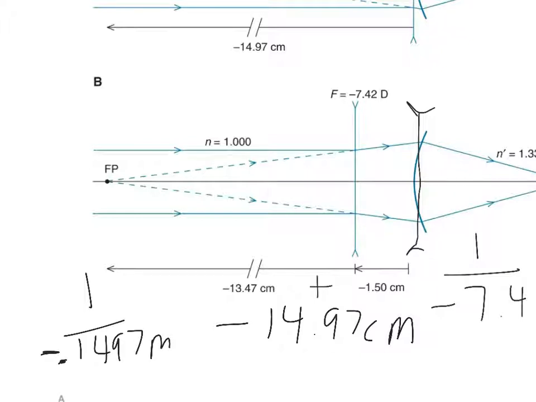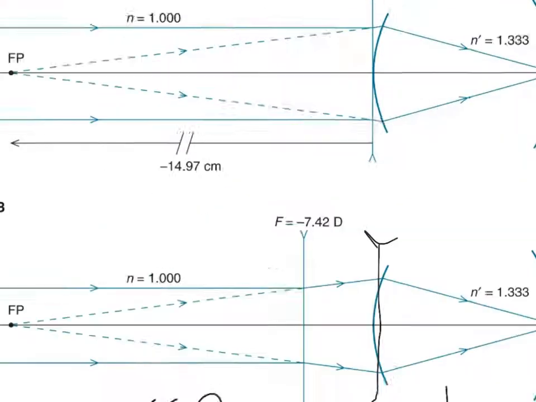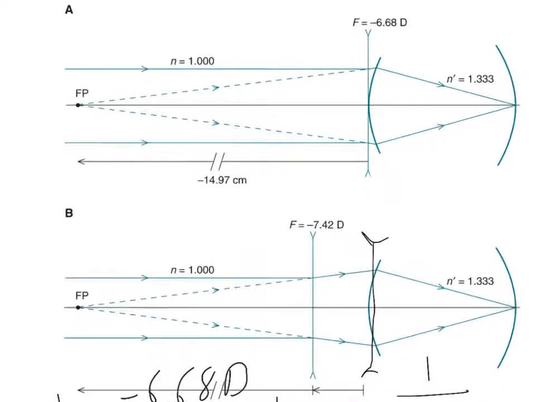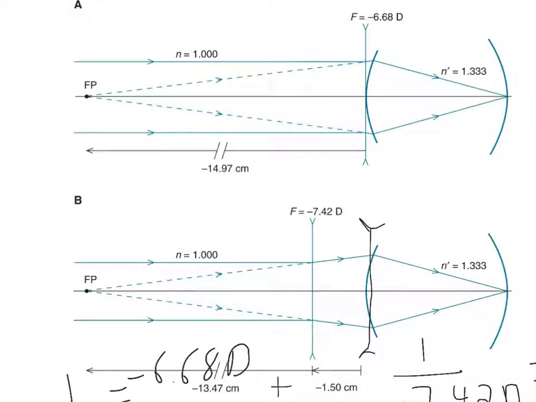You plug this into your calculator and you get minus 6.68 diopters, which is the power of the contact, which you have over here. So I recommend drawing a picture, and once you draw a picture, everything becomes a lot easier.